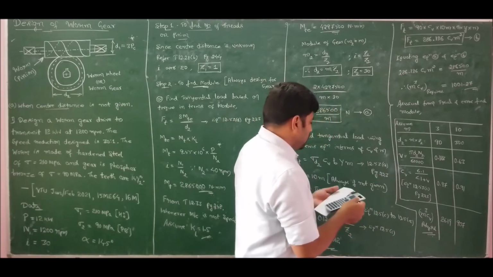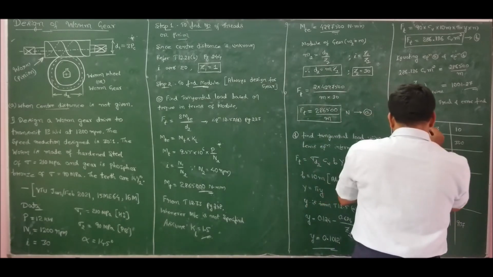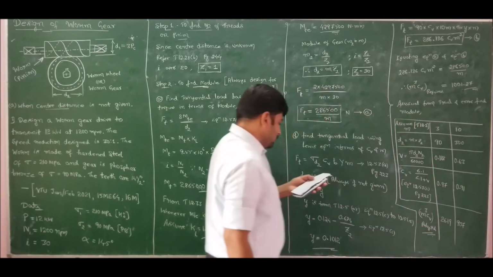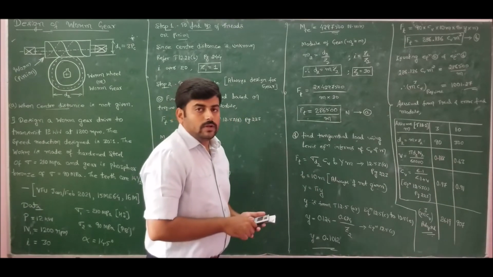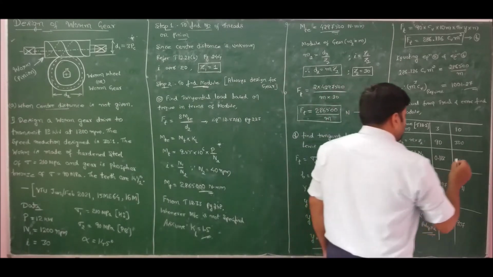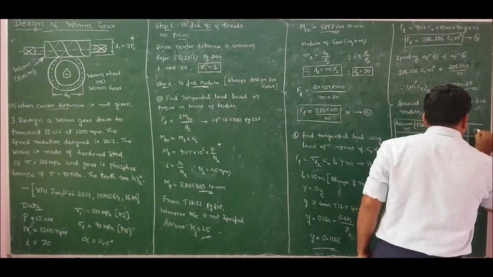I cannot take 11 because I should choose module from table 12.2 giving preference 1. From table 12.2 only I should select. If I refer to table 12.2 of page number 229, we don't have 11 in preference 1. So I should go for 12 as module.